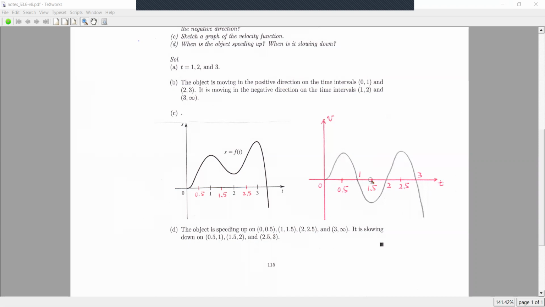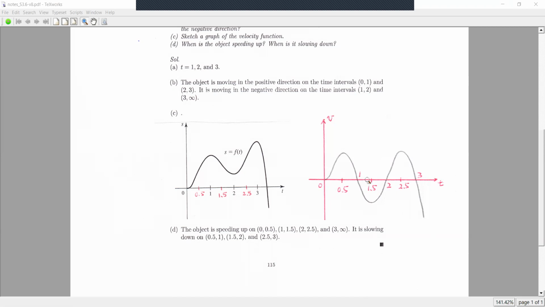Between 1 and 1.5, the graph of the velocity is decreasing and is negative. When we take absolute value, this piece of the graph is increasing. Therefore, speed is increasing.